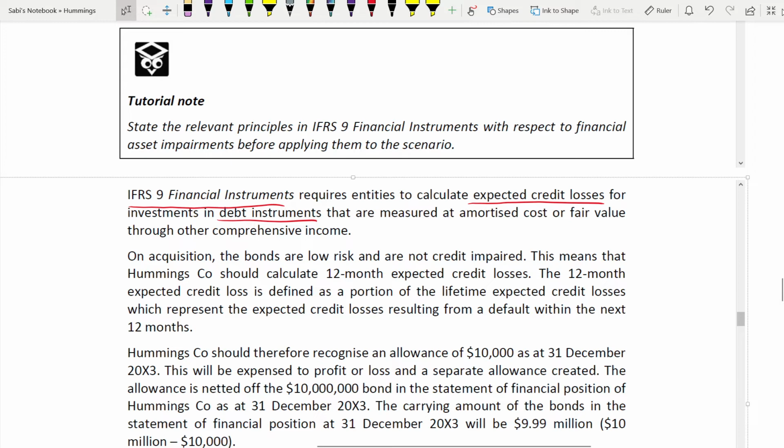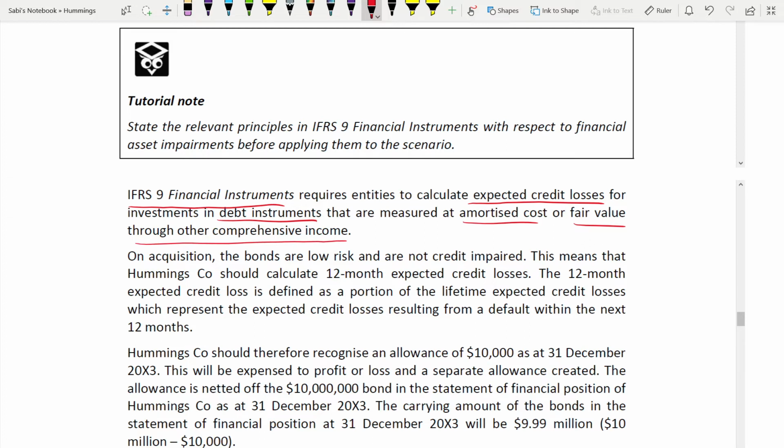You don't prepare expected credit losses for your investments in equity instruments. It's not needed. Only for your debt instruments like bonds and all, or loans. So for investment in debt instruments that are measured at amortized cost or fair value through other comprehensive income, you have to calculate it.